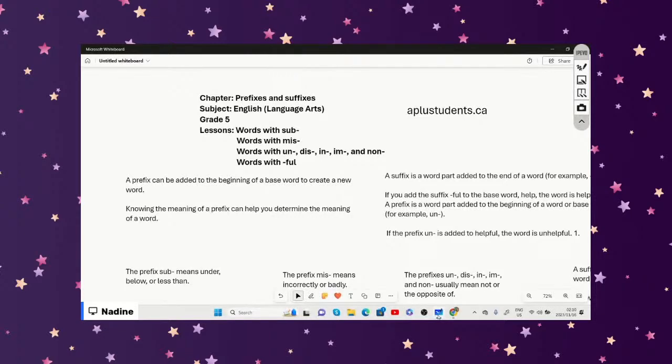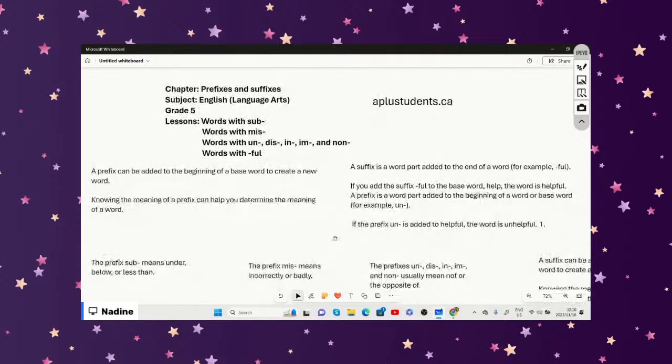And then knowing the meaning of a specific prefix can really help you to determine the meaning of the word. So, for example, knowing the meaning of either sub, miss, un, dis, in, im, and non, or even full, will be helpful when you want to know the meaning of a specific word.